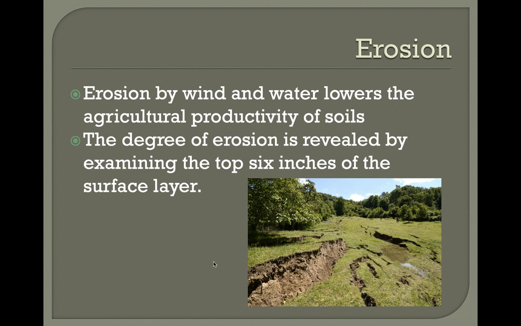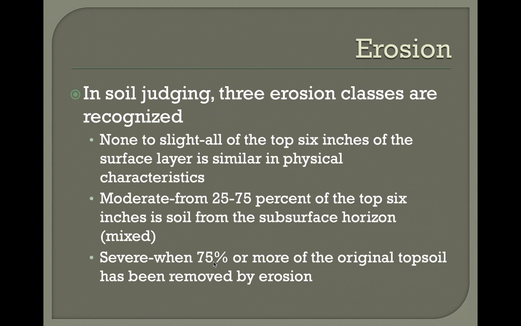And so you're going to look at the top 6 inches of the surface layer and see how much erosion you notice there. And in your erosion classes, you're going to look at things like those top 6 inches. If it all looks pretty similar in characteristic, then there's probably not a whole lot of erosion.